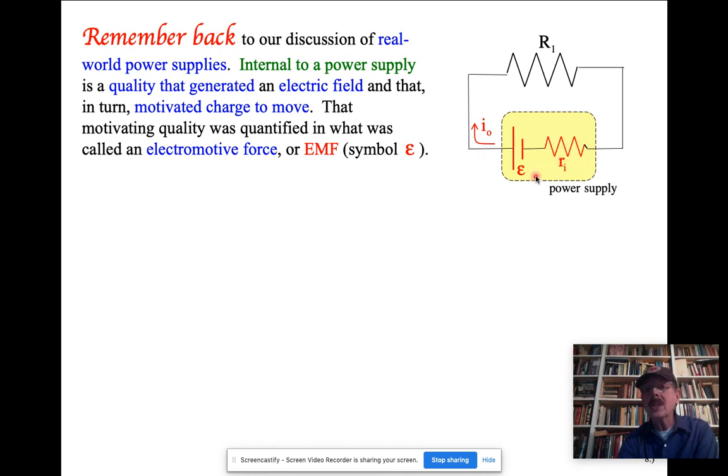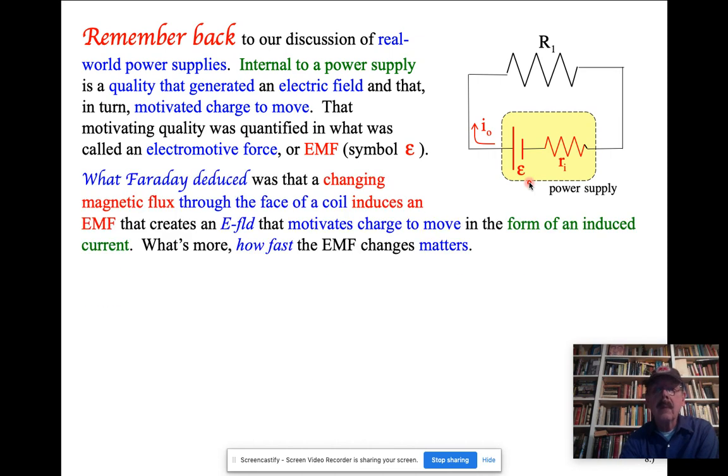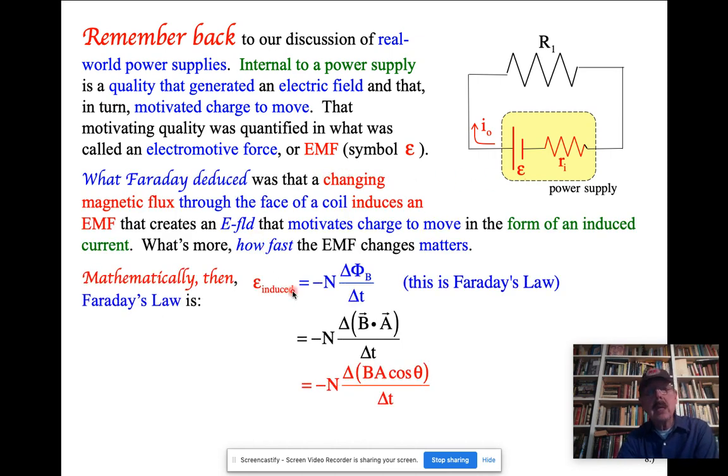There's internal resistance, and then there's the part that generates the electric field that motivates charge to move. That part was quantified by what we called an electromotive force, or an EMF. Effectively, what Faraday was saying was that an EMF was generated whenever you had a changing magnetic flux through the cross section, through the face of a coil.